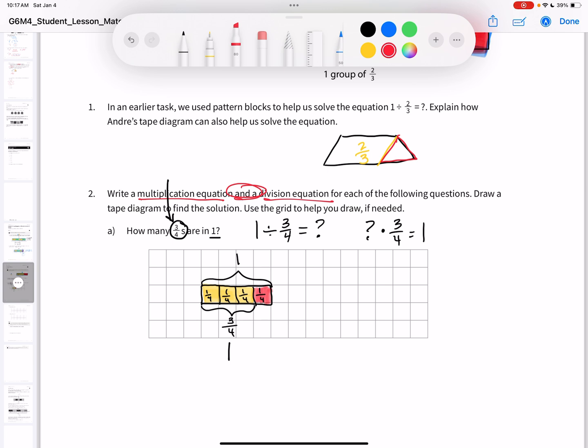But that 1/4 is when 1 is our whole. But now 3/4 is our group number. So remember, when we are working with this, we have the number left over and the number in the group.